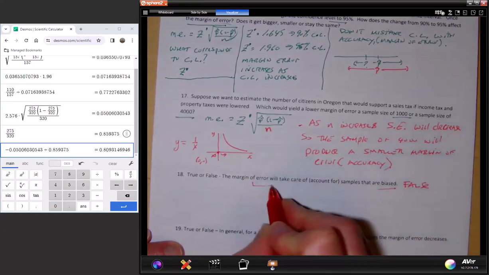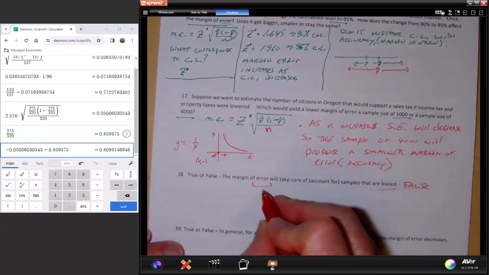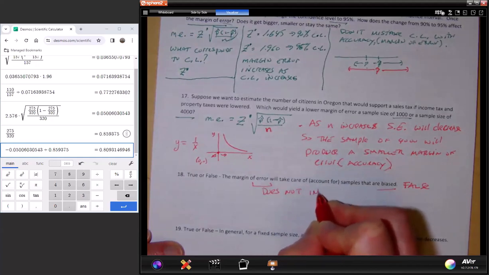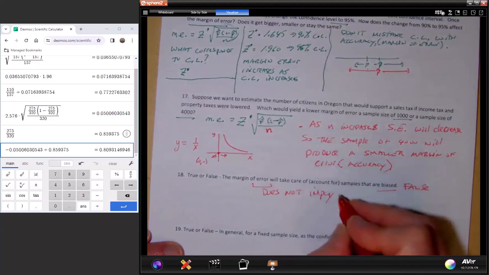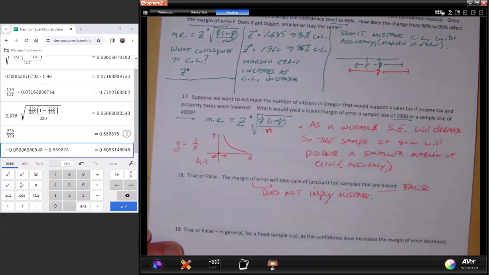I know it has the word error in it, but that has nothing to do with bias or an actual mistake. Error does not imply mistake. Okay? Let's just get this out of the way. That's not what this means.